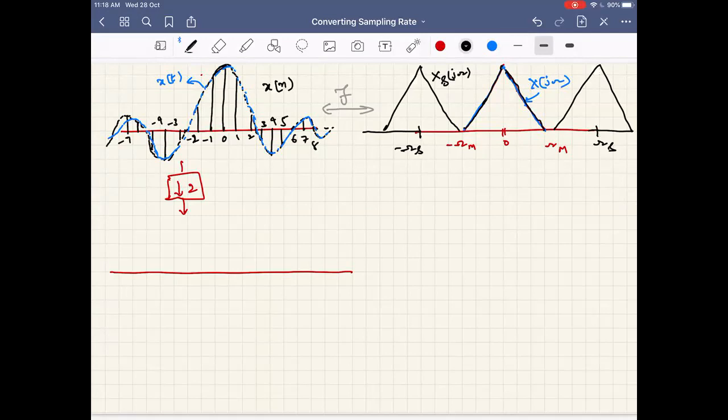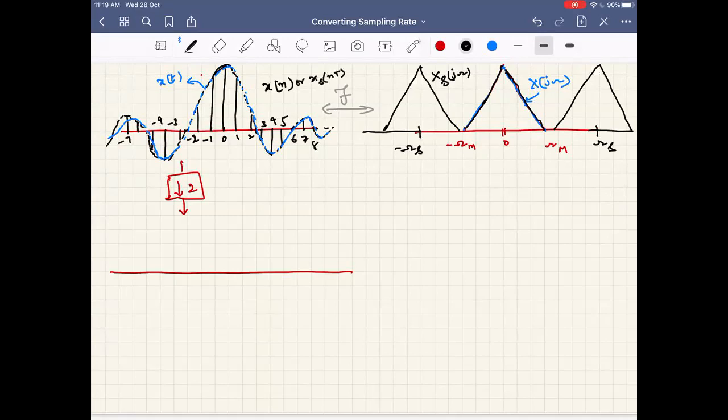Now, if I downsample it, the number of samples I represent will be lesser than in x of n. Because of that, what may happen to reconstruction? If I use more samples, it is easy to reconstruct x of t from x of n, or xs of nT.